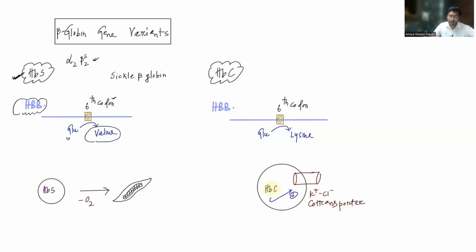Now what is the property of this hemoglobin S? Whenever the hemoglobin is deoxygenated, this hemoglobin S has a tendency to polymerize. As you can see here, they will polymerize in such a way that they will make the RBCs like a sickle, like this.